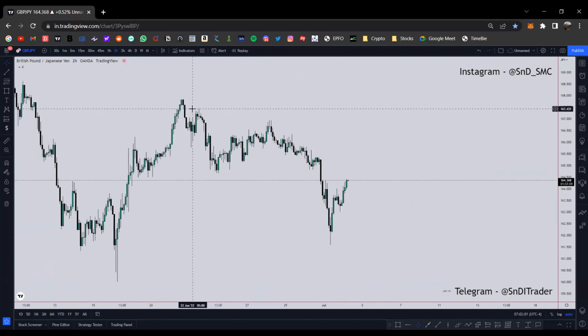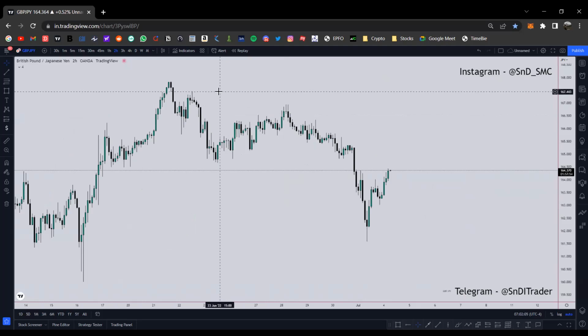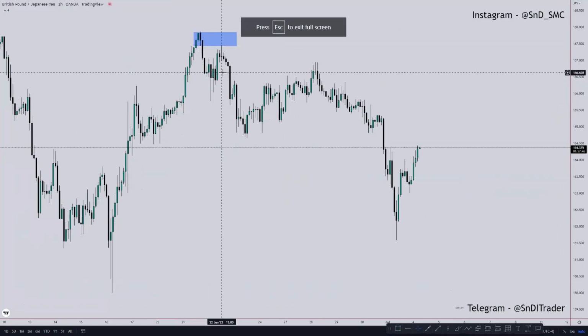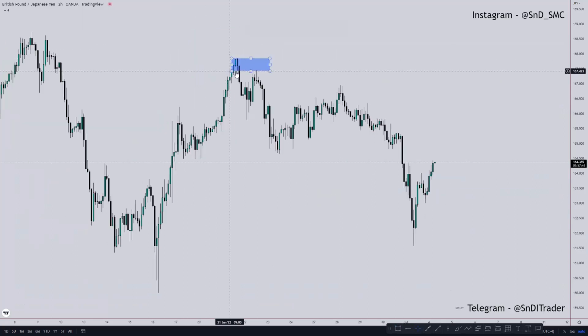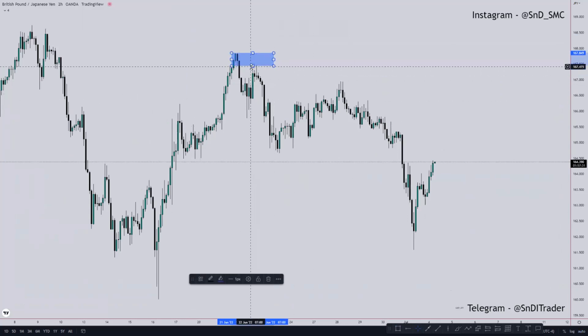But yeah, here we have this zone, but we have no fair value gap left here. So I will not select this zone as my point of interest, because when choosing the point of interest you must have the information about fair value gap. If there is no fair value gap and only liquidity, price might not come here and tap this zone and drop. It might take out this high as well.